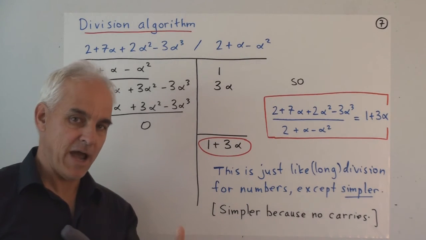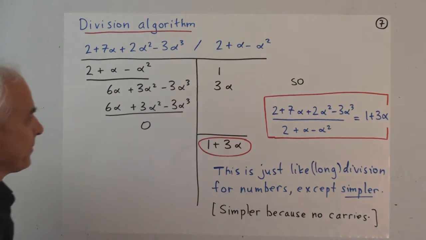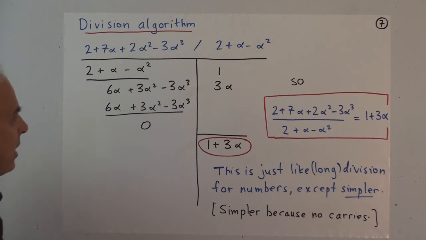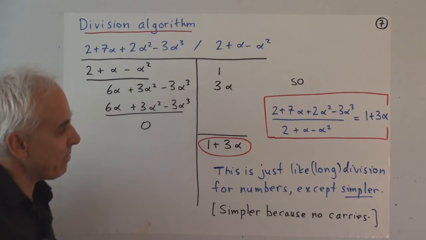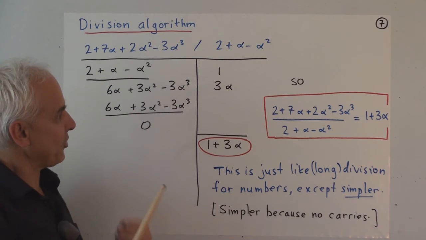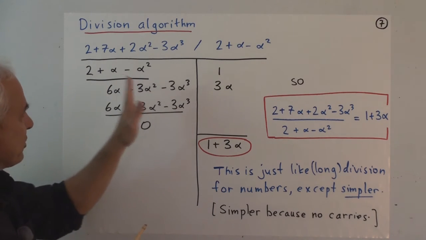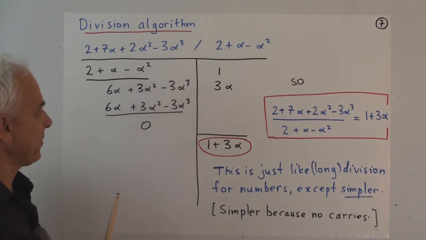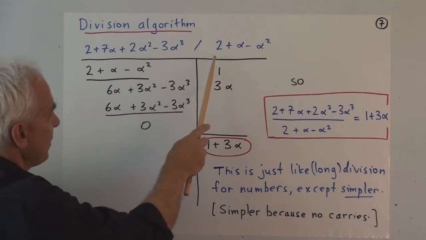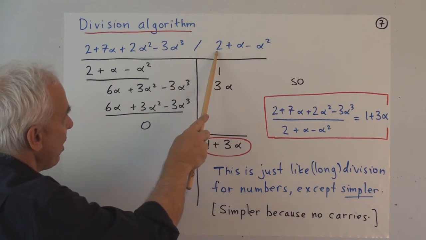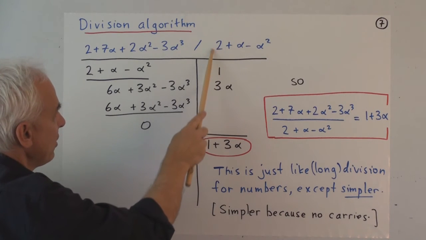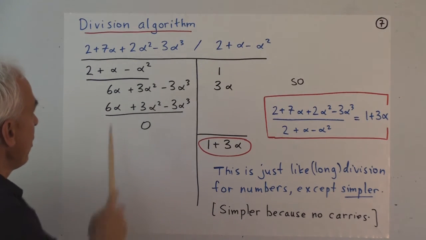You want to know how many 9s fit inside 36. Now, the situation is made somewhat easier here because all the powers of alpha are clearly separated. We can start on the left. We can say, all right, that's our 2 there on the left. That's the order 0 term, or the constant term.